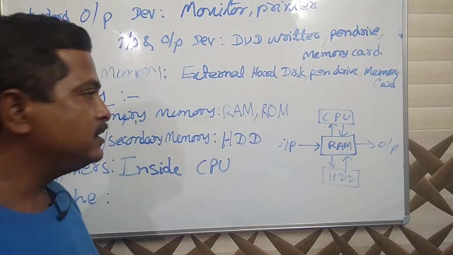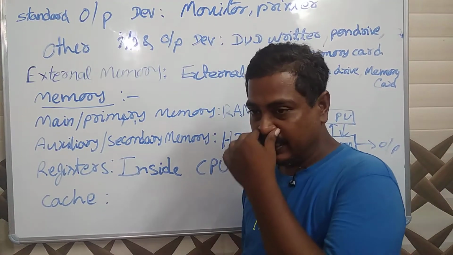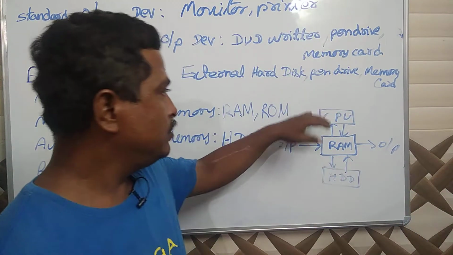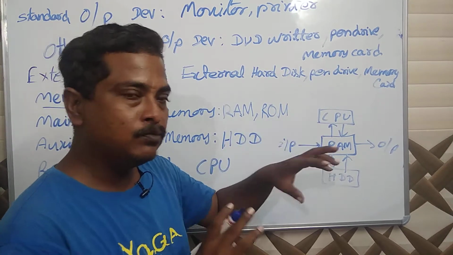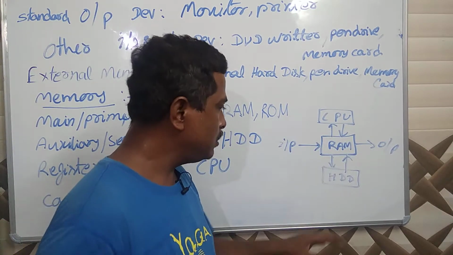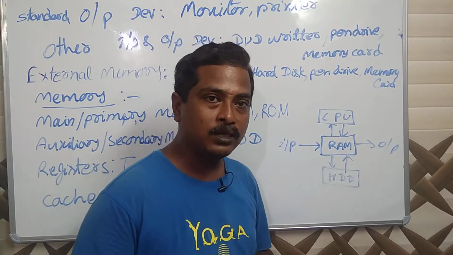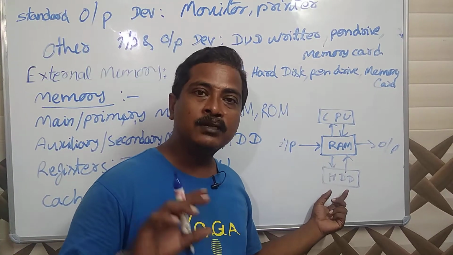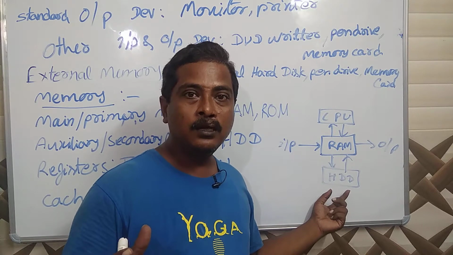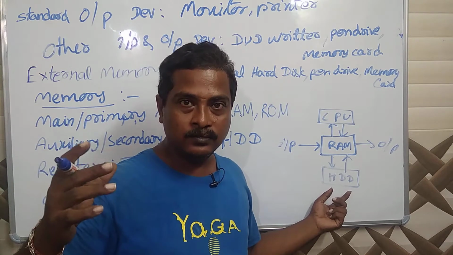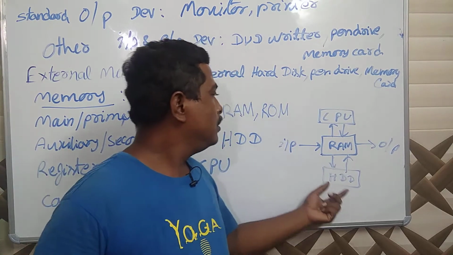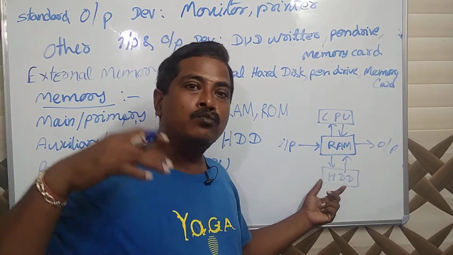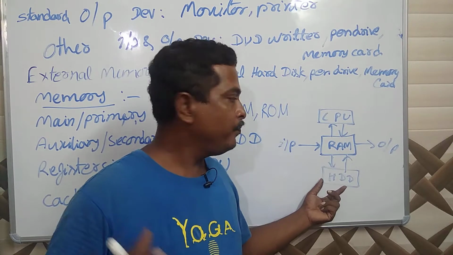And the last one is cache memory. What is cache memory? Out of all these memories, some memory is inside the CPU. RAM is a memory, HDD is a memory, but there is a difference. What is the difference? Hard disk drives you get in the market in terabytes or gigabytes, like 512 gigabytes.